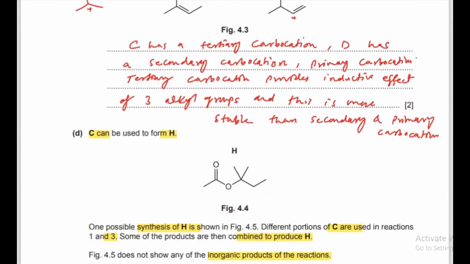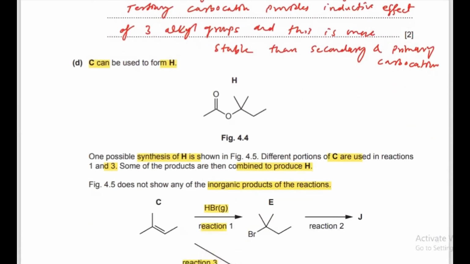Then C can be used to form H. Now this is another structure of H. This is an ester linkage, C double bond O. One possible synthesis of H is shown, using different portions of C and these reactions.